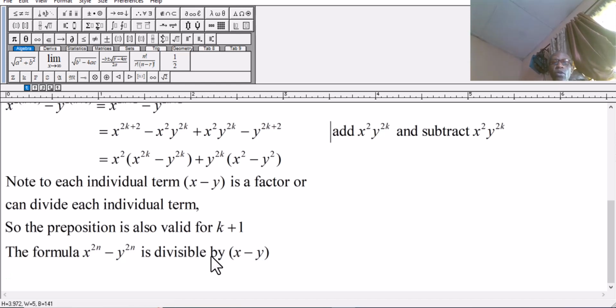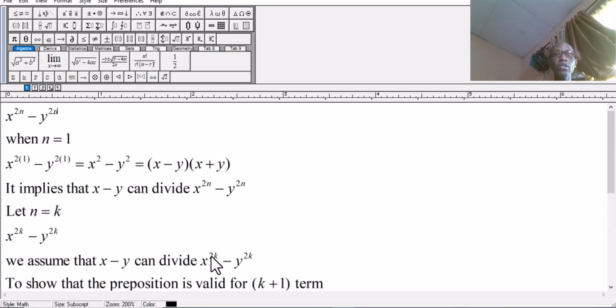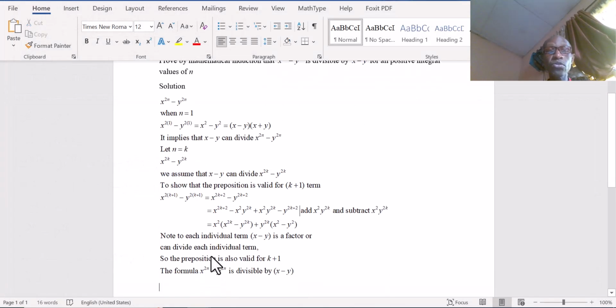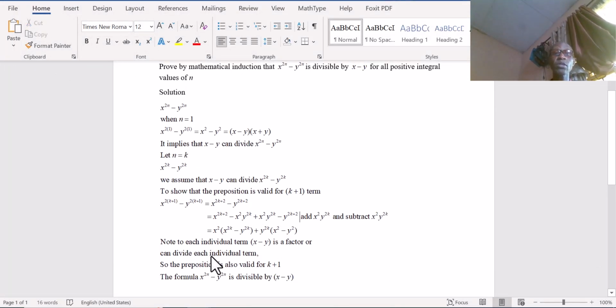So that's how to go about solving this type of mathematical induction. So there you have it. Prove by mathematical induction. This is how to go about solving this type of mathematical induction.